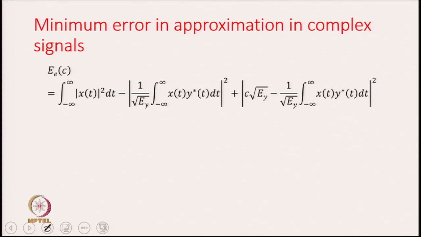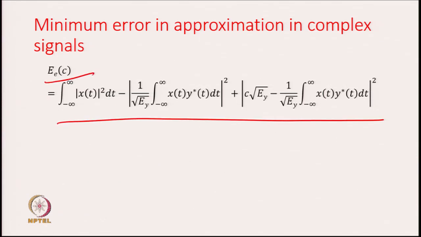So, let us rewrite this. The energy in the error signal we have just shown can be expressed like this. Now, we have to choose the value of c for which this energy is minimized. This term is not a function of c, this term is also not a function of c. So, we have to choose a value of c for which this term is minimized, and this term will be minimized when it goes to 0, because this is a positive quantity.